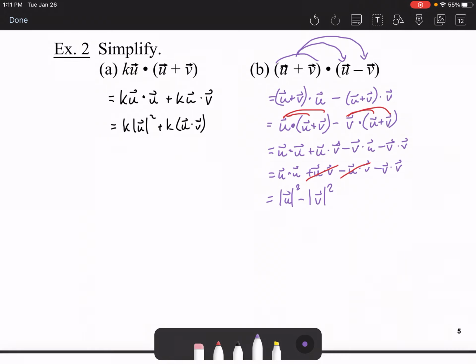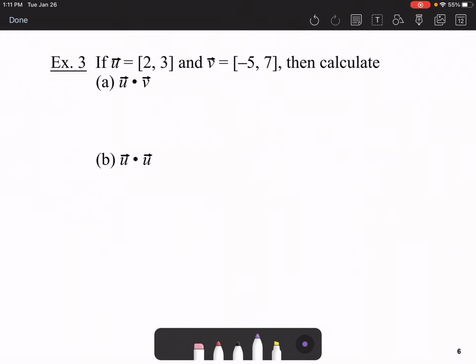So let's calculate some values. Assuming u is the vector 2, 3, and the vector v is negative 5, 7, we can calculate u dot v. So this is how you write it.